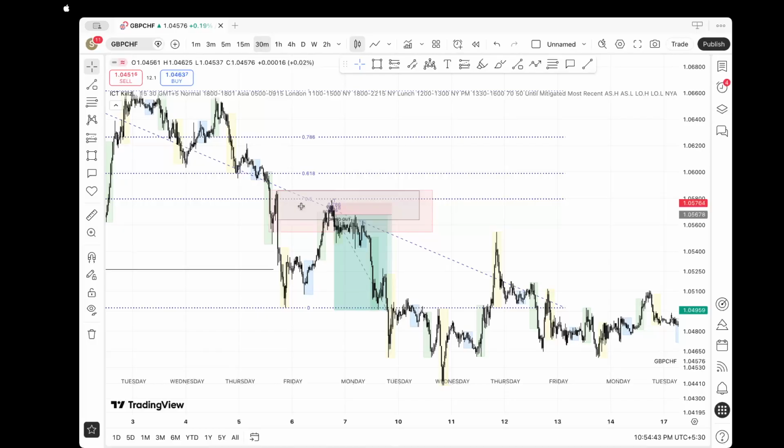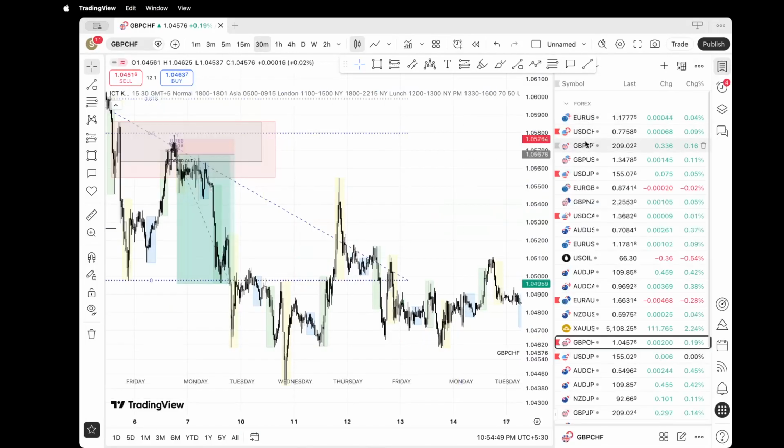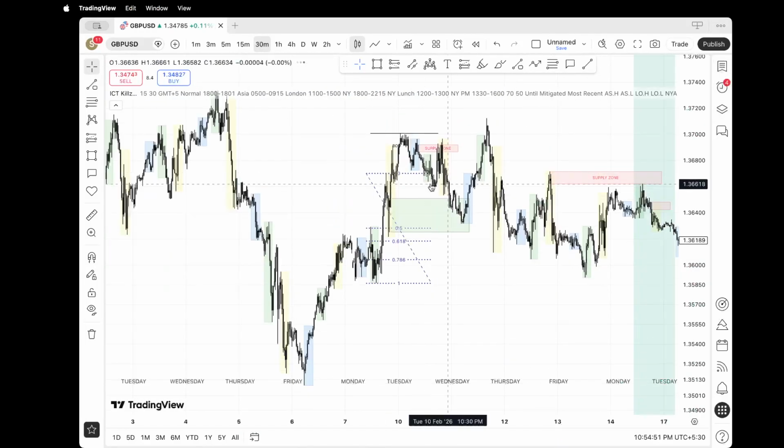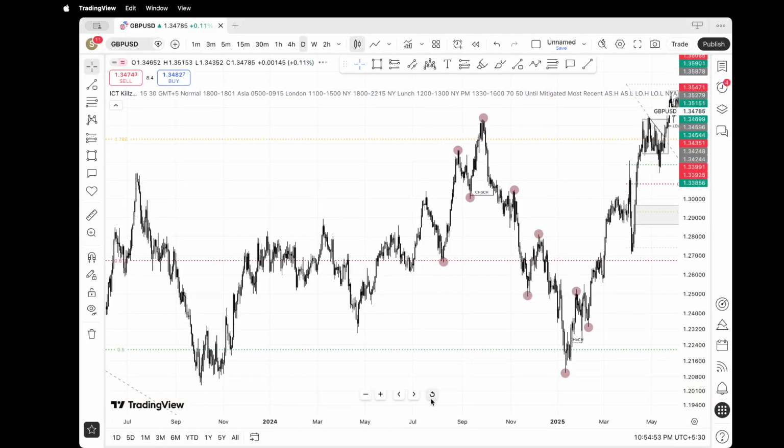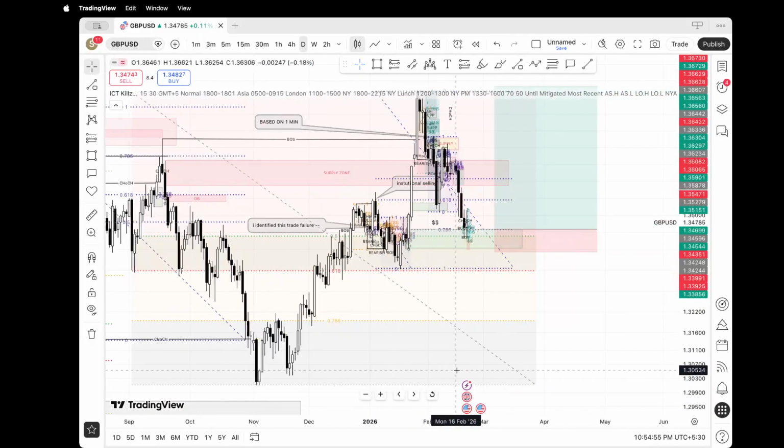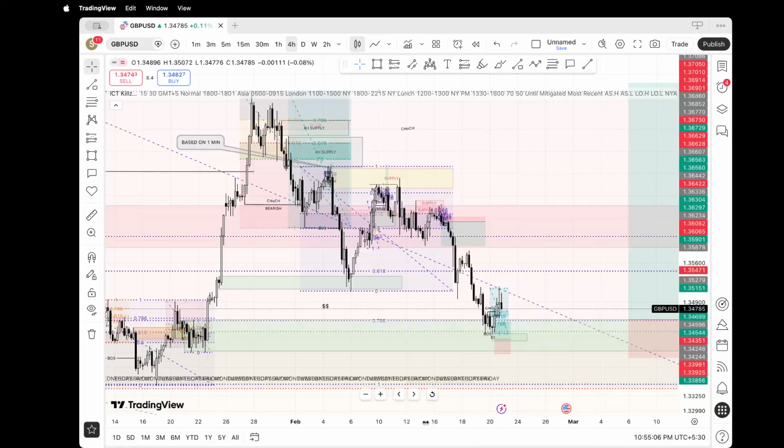GBP USD, 9th of February. Let's go to a higher time frame. Okay, somewhere here I took the trade. Let's dive into it.